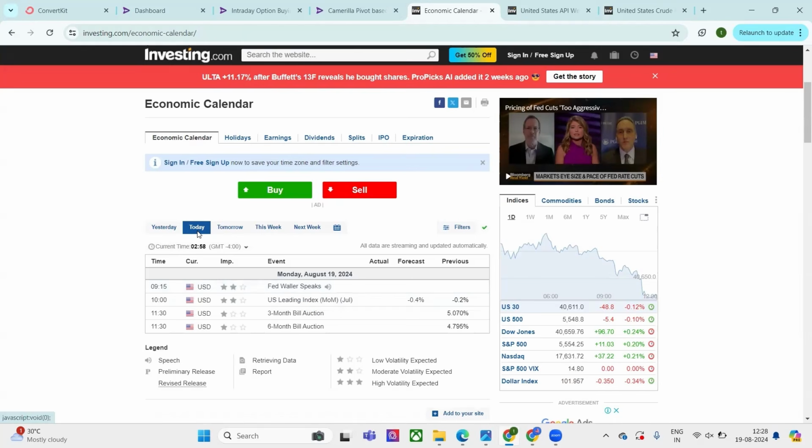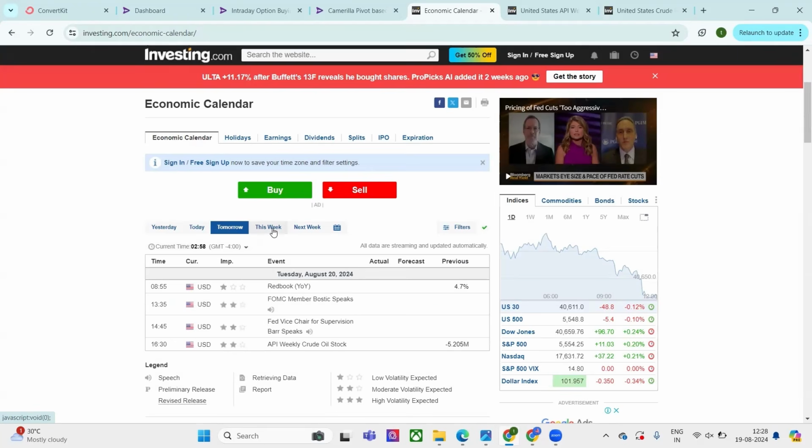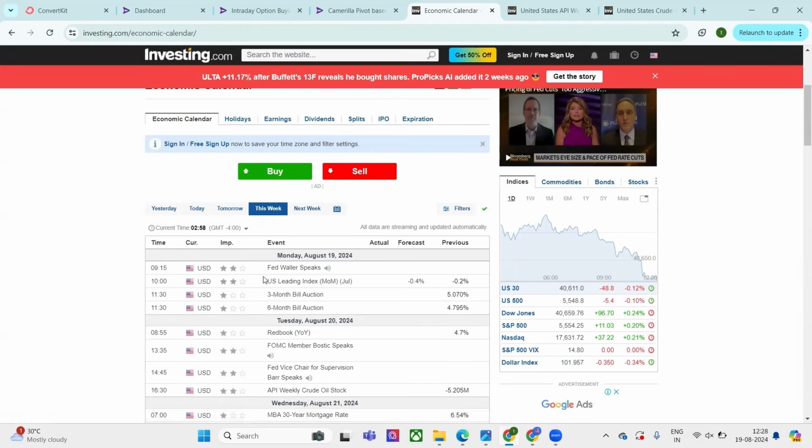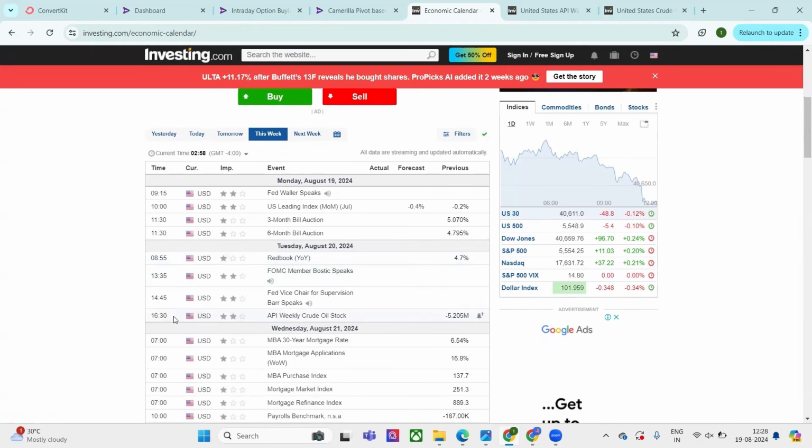This is for today. You can select today, and if you want tomorrow, you can select this week. If you select that, you will get whatever events are there in this week.